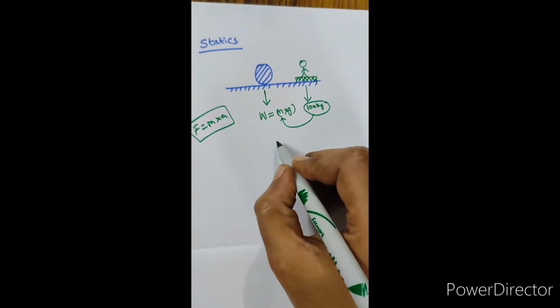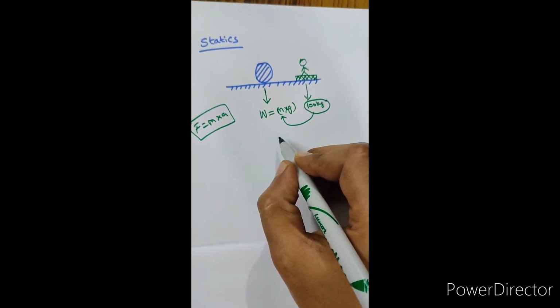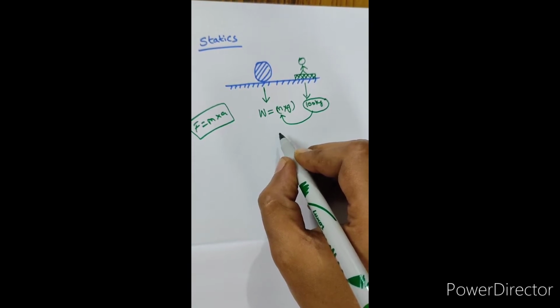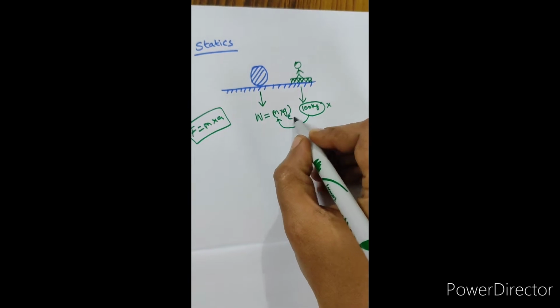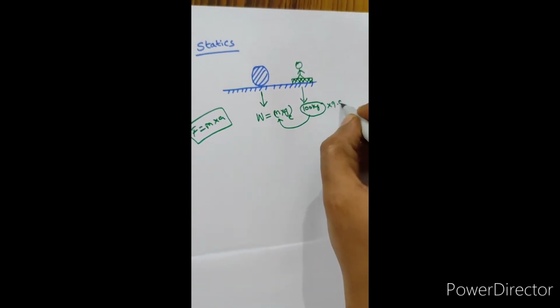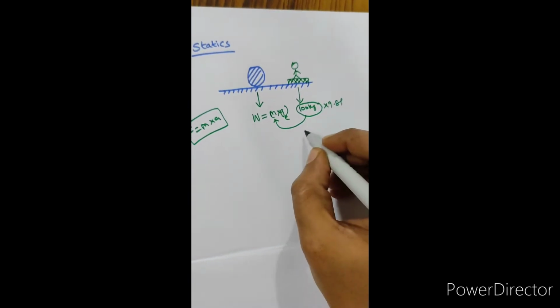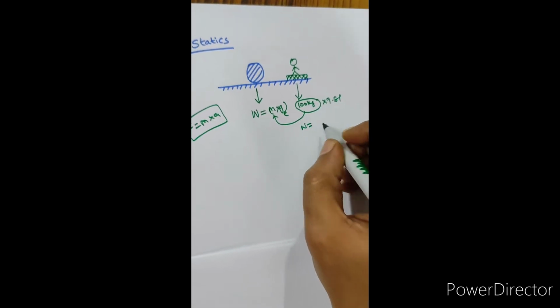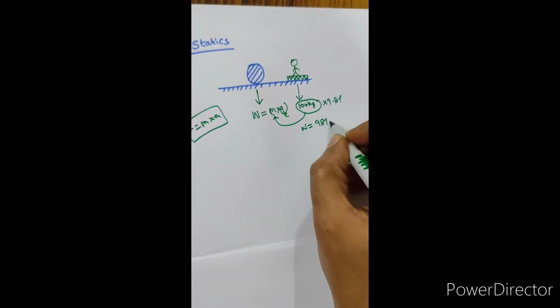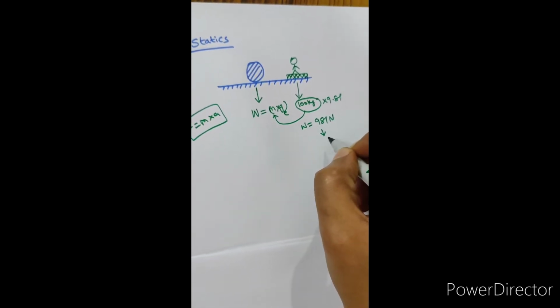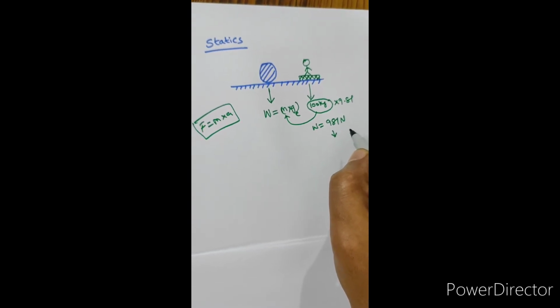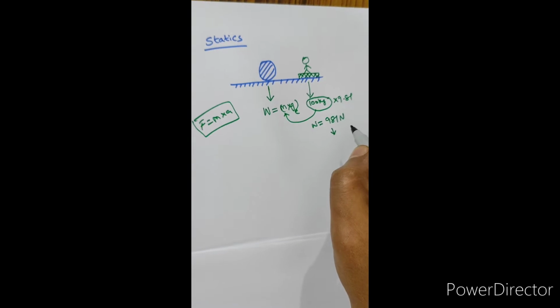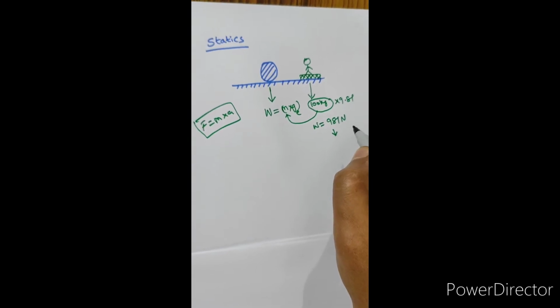If we want to calculate the total force which is exerted by the human on the earth's surface, we have to multiply it by the g value of earth, which is 9.81, and so the weight of the person is 981 newtons in the downward direction. This is the basic force, that is the body force, which will act on any static body or static object.